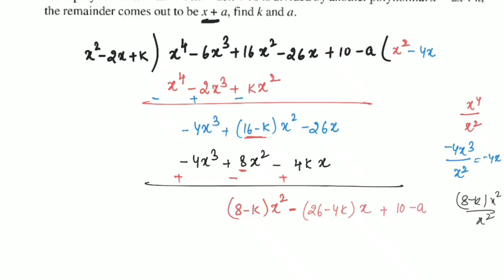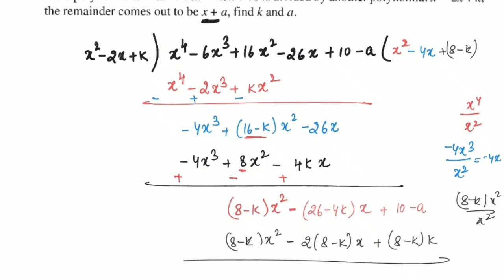You have to multiply it with 8 plus k: 8 plus k into x square minus 2 into 8 plus k into x plus 8 plus k into k. You are supposed to get the remainder 0 now because we have already subtracted the required remainder.